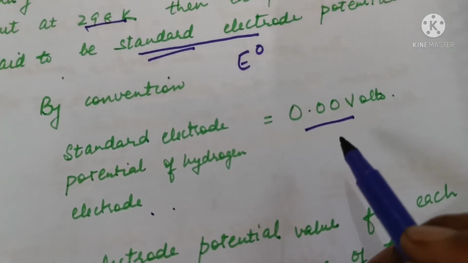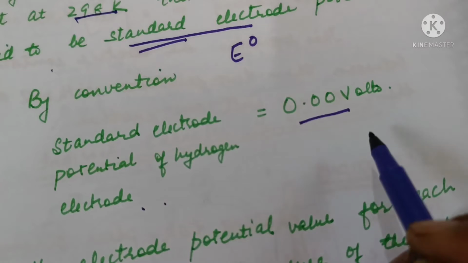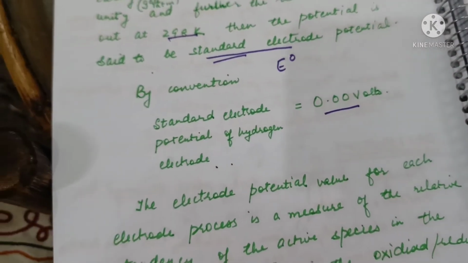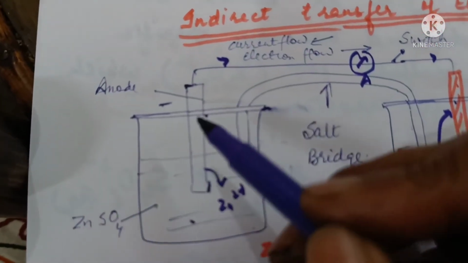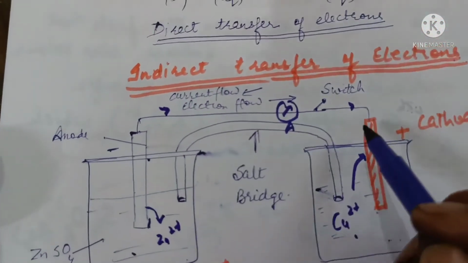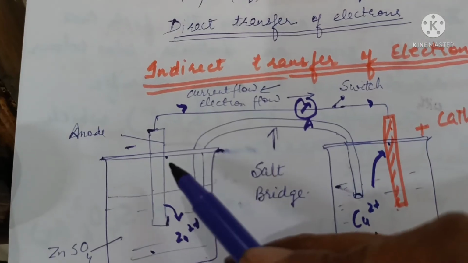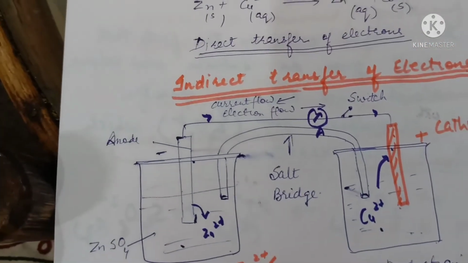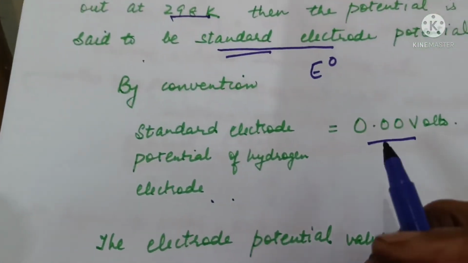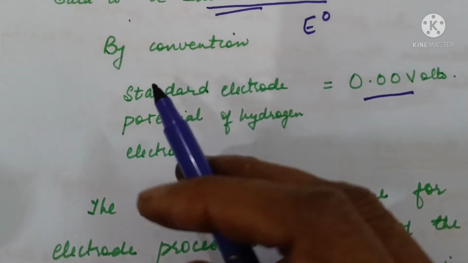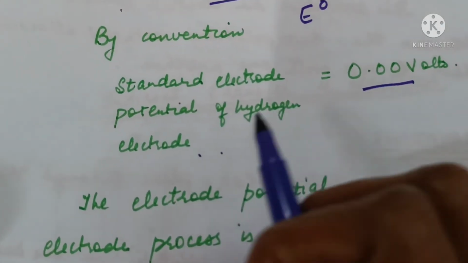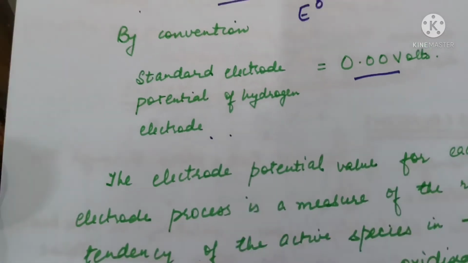When we measure the electrode potential of any other electrode with respect to hydrogen electrode, for example, if we have to measure the electrode potential of zinc, we connect it with a hydrogen electrode, then the reduction potential of hydrogen will be taken as 0, and we will experimentally find out the reduction potential of zinc, which comes out to be minus 0.76 volts.